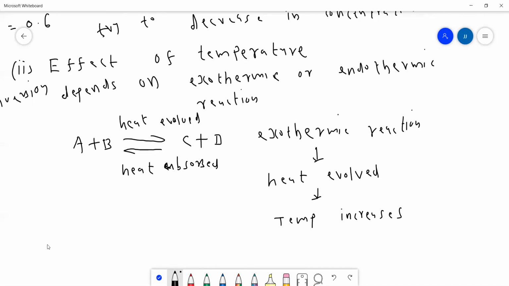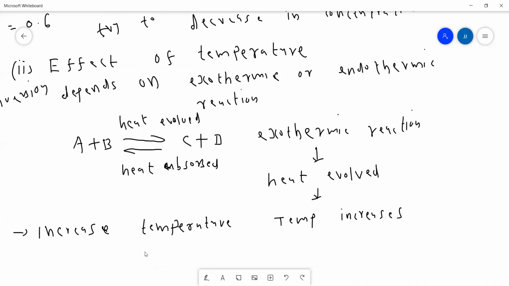Let's say we increase the temperature. Then as per the Le Chatelier principle, the equilibrium will shift to counteract the change.